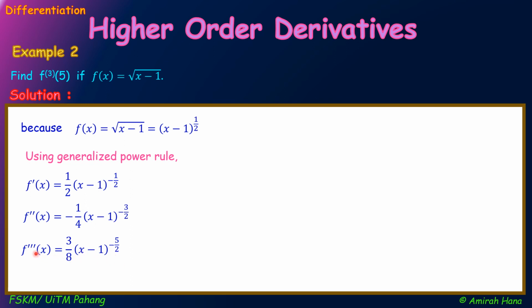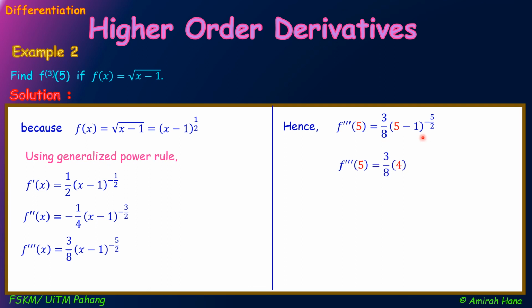So now we have differentiated three times. After that we can find f triple prime 5, where we replace the variable x with 5. So we have 3 over 8 and then (5 minus 1) to the power of negative 5 over 2.